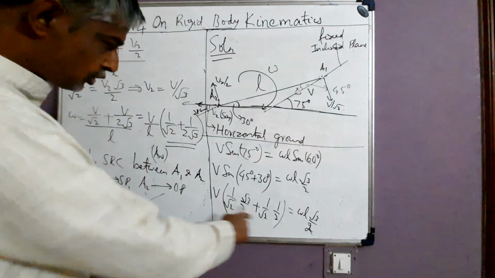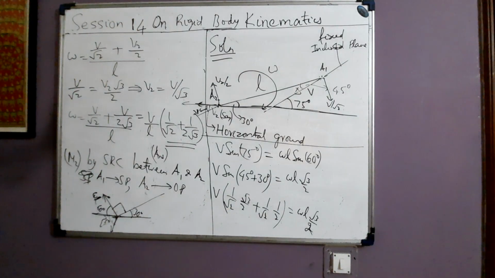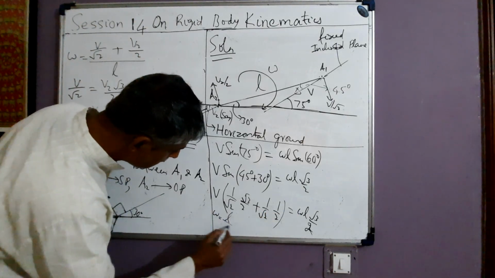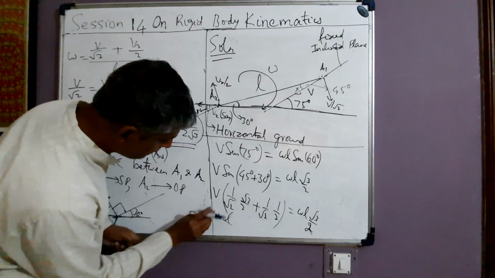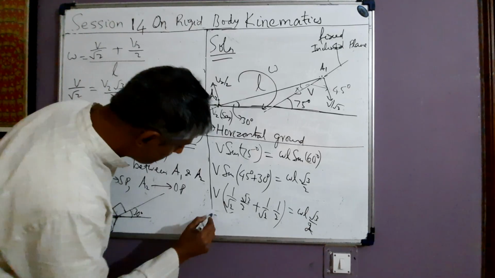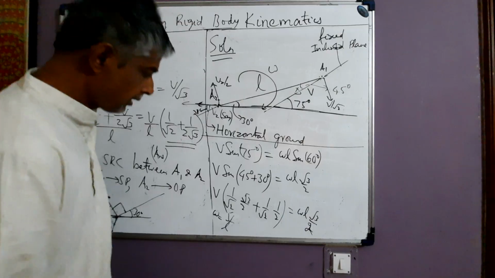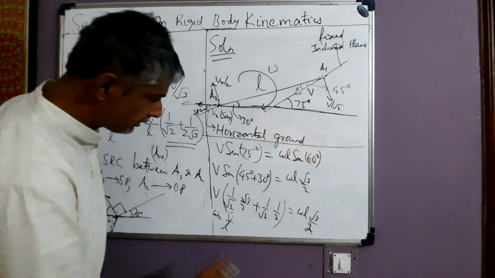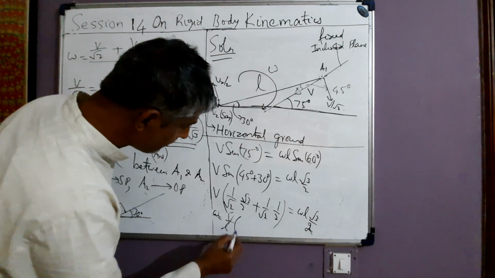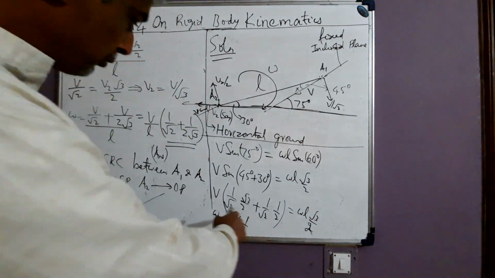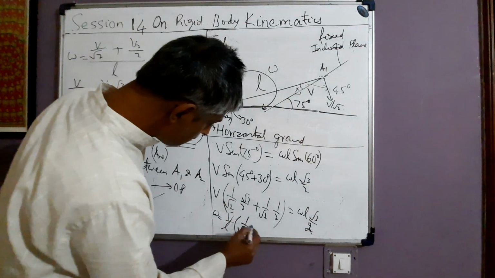Now if you solve this, you'll get the value of omega. So on simplifying this, omega becomes how much? Omega becomes V by L, and 2 goes up and root 3 I divide. So on simplifying, 2 by root 3 I multiply.